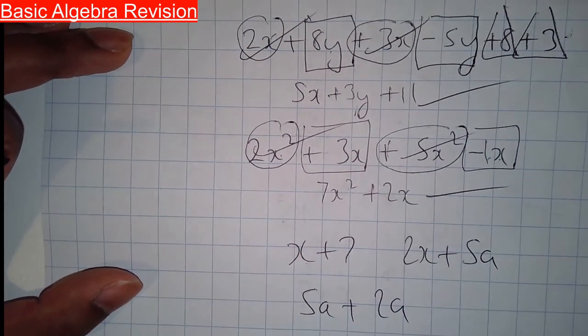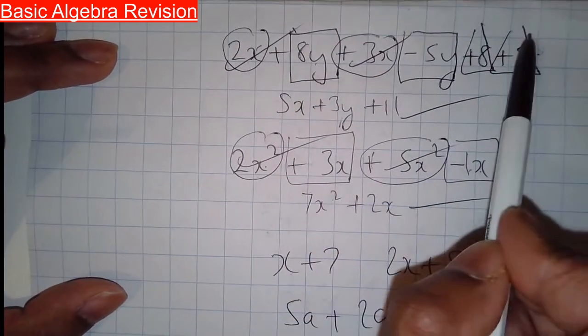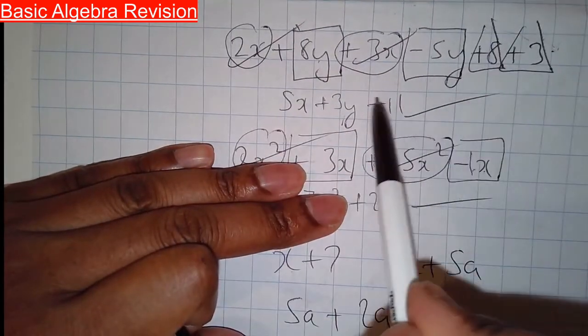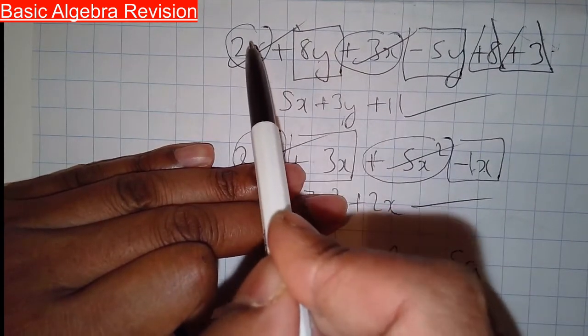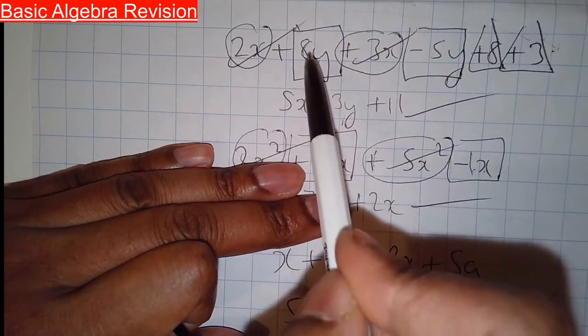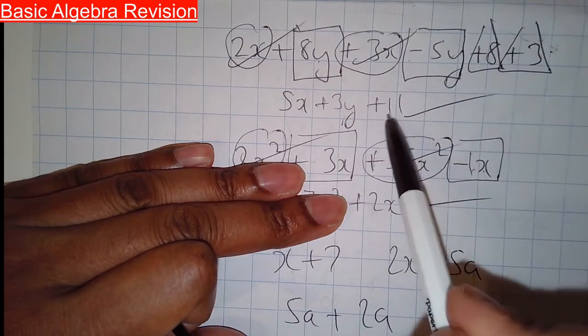But I'm going to explain to you now what an identity is. See this thing over here, which we looked at? I know that's an expression, but this expression here is the same as this expression. When we grouped into families, remember 2x plus 3x is 5x, 8y take away 5y is 3y, and 8 plus 3 is 11.